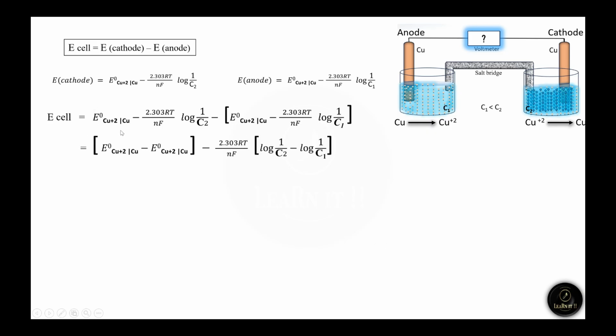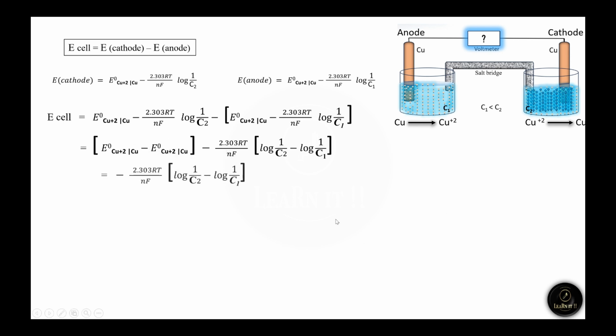Here we extract E naught of copper on the left side. So E naught of copper minus E naught of copper gets cancelled. But here there is the minus of 2.303 RT divided by NF into bracket, log of 1 by C2 minus log of 1 by C1, because we have taken the minus outside.